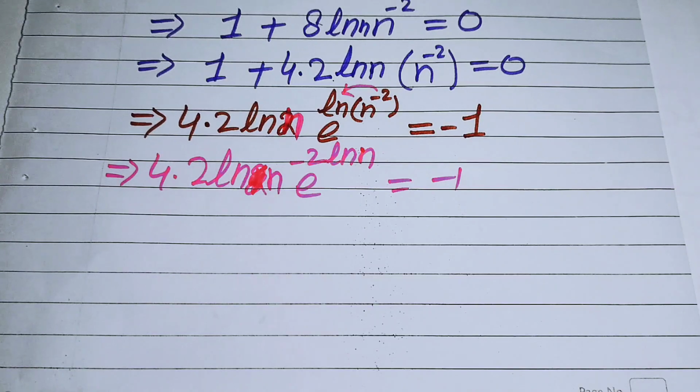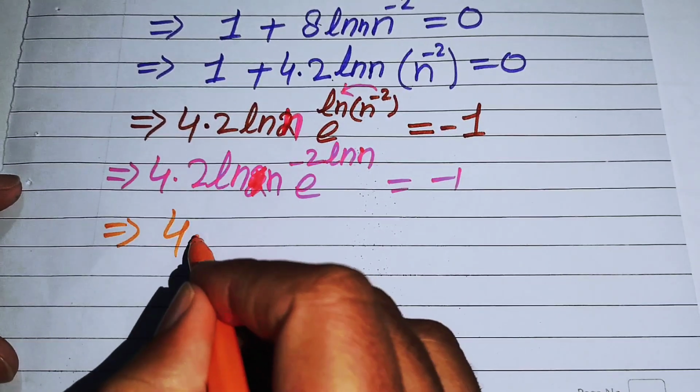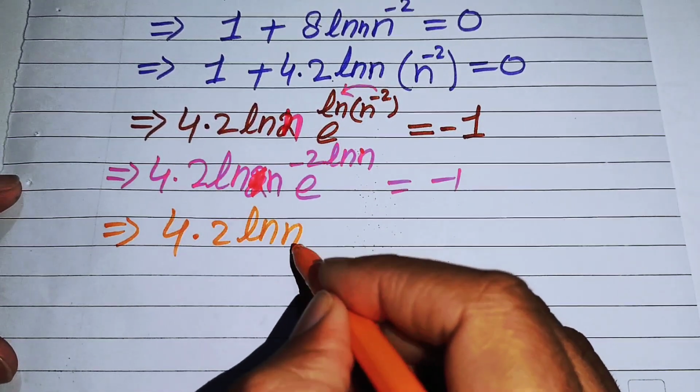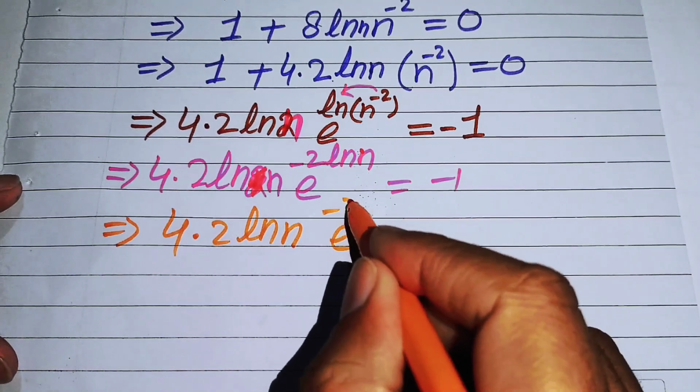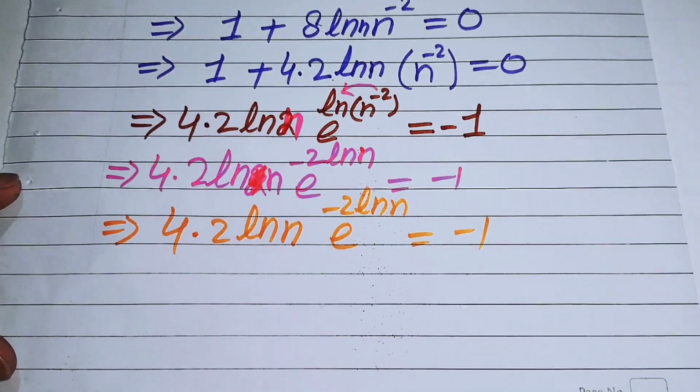Now we rewrite this expression because it is not clear here: 4 times 2 into ln of n into e to the power of minus 2 ln of n equals minus 1.